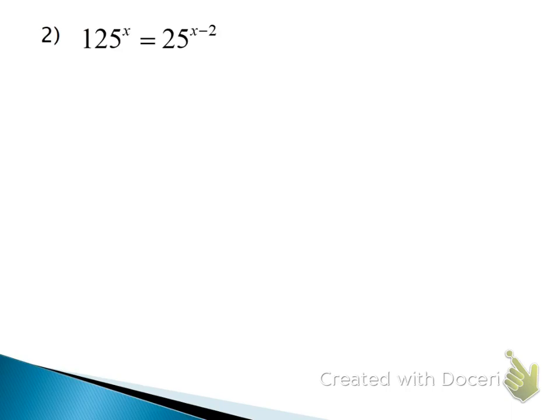Now, this one, I don't think I would have rewritten in log form. So let's try this. We're getting the base the same. What's a common base that 125 and 25 both have in them? 5, wouldn't it be 5? 5 to what power gives me 125? 5 to the 3, because 5 times 5 is 25, times 5 is 125.